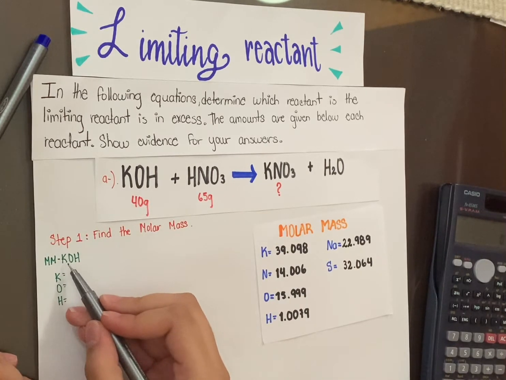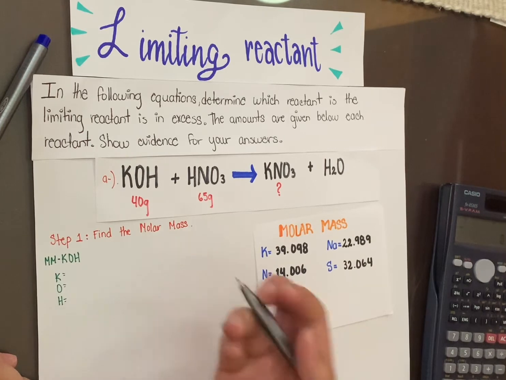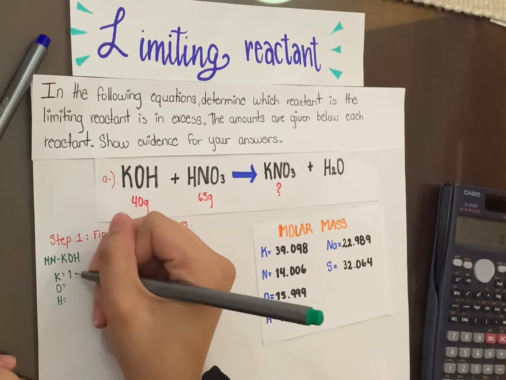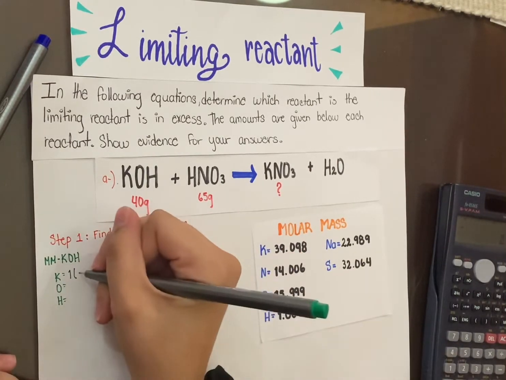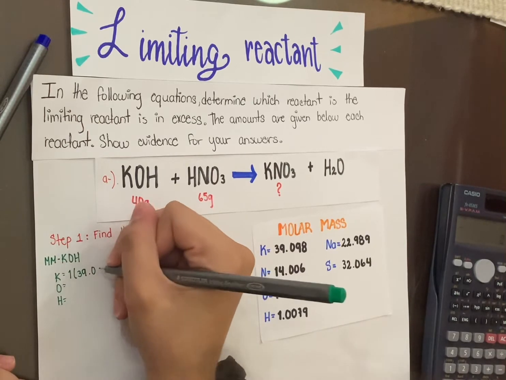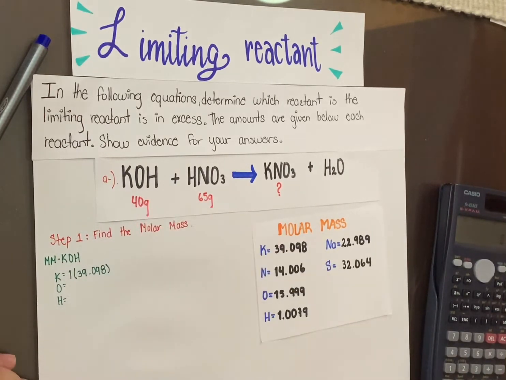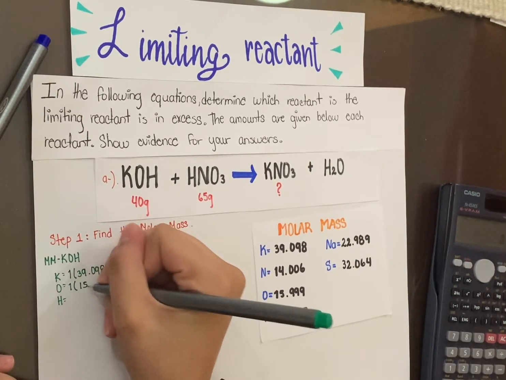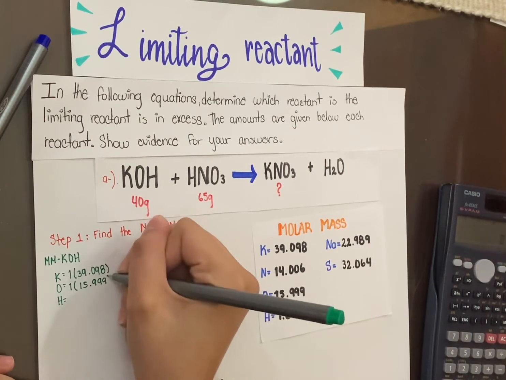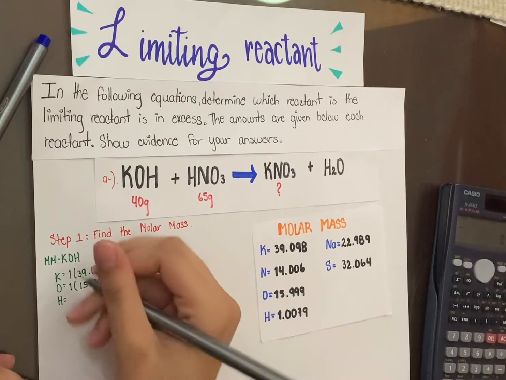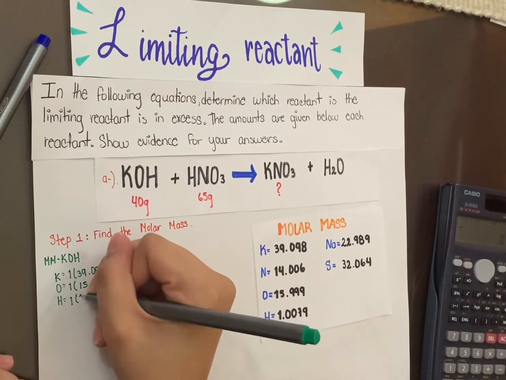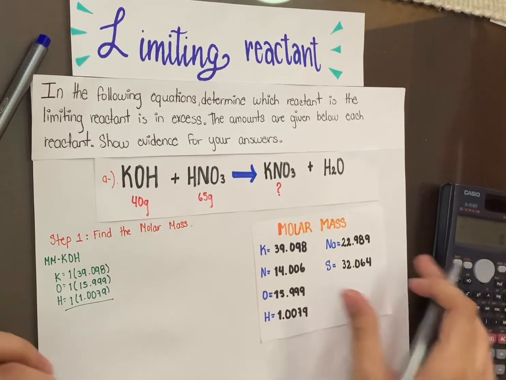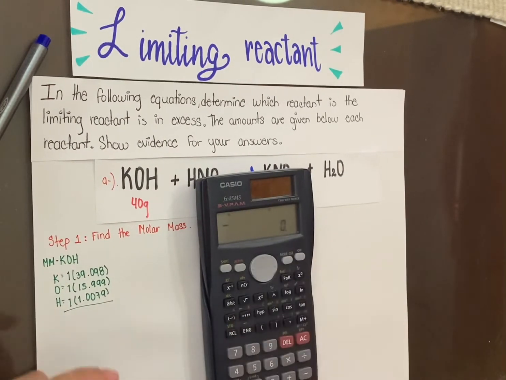I don't have any number of subscript, so I deduct that is 1 each one. So it's 1 of potassium, and potassium is 39.098. Then I have oxygen, that is 1 also, and is 15.991. We have hydrogen, that is also 1, and is 1.0079. These we are going to add them.